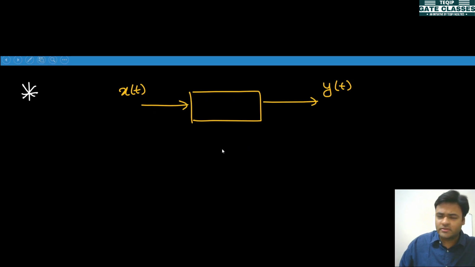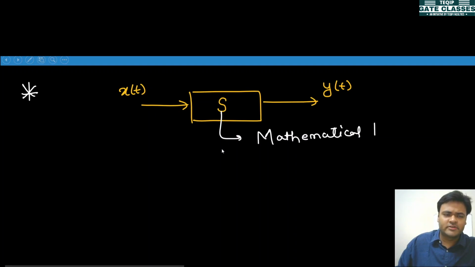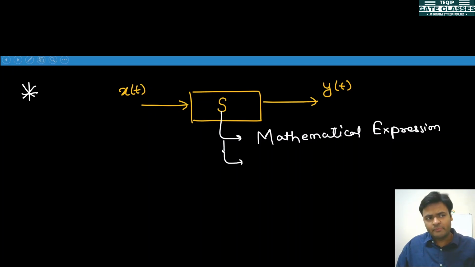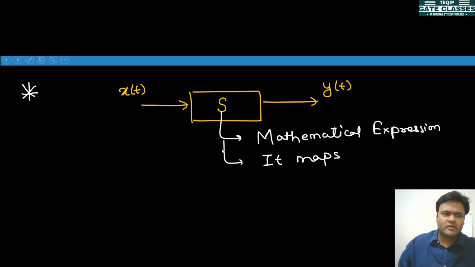So this is our system, which we will represent as S. So this system, what is it? It is some mathematical entity, you can say a mathematical expression. What it does, it maps input to output.